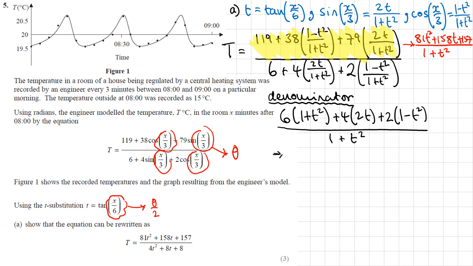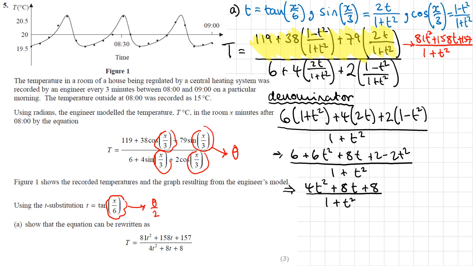We'll expand the top, so we've got 6 plus 6t squared plus 8t plus 2 minus 2t squared, all over 1 plus t squared. If we simplify that all out, we'll get 4t squared plus 8t plus 8, all over 1 plus t squared. So I can write down that my denominator is 4t squared plus 8t plus 8, all over 1 plus t squared.